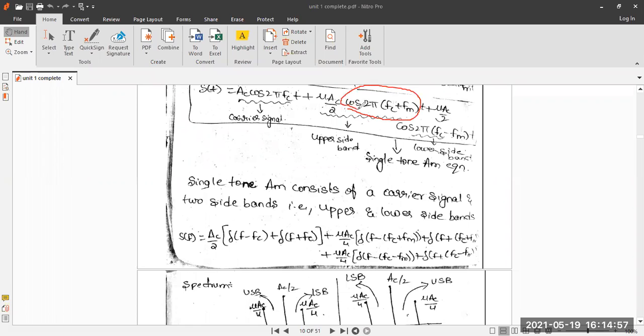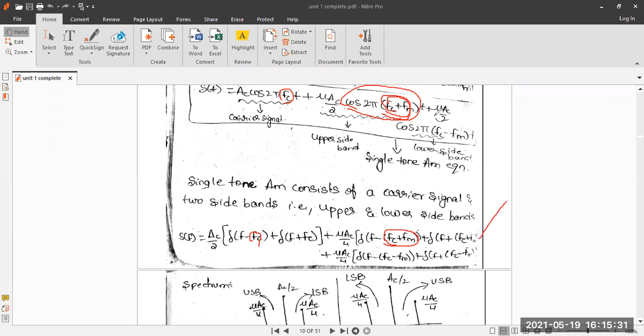If we apply the Fourier transform to this cos term, we get impulse functions: in place of fc we write fc plus fm, so delta of f minus (fc plus fm) plus delta of f plus (fc plus fm).